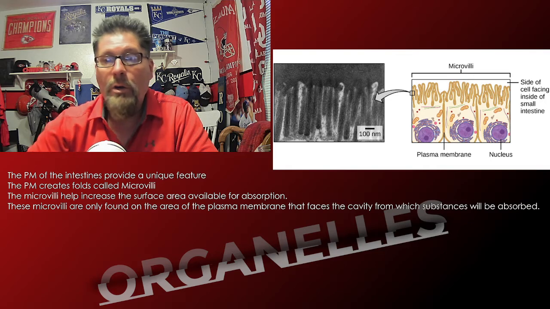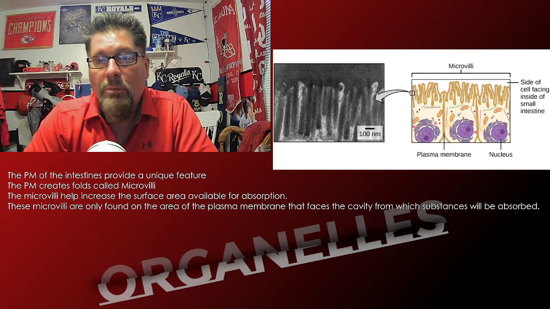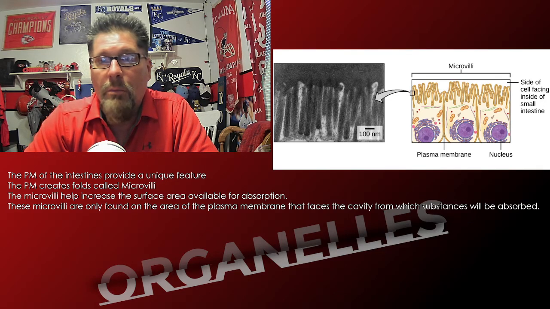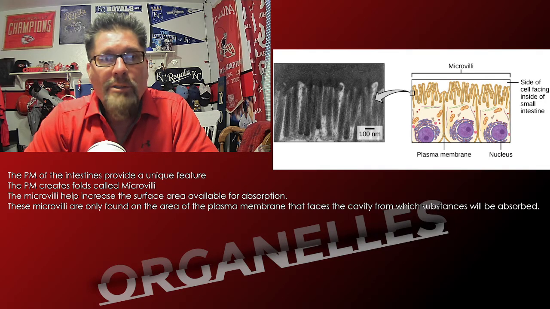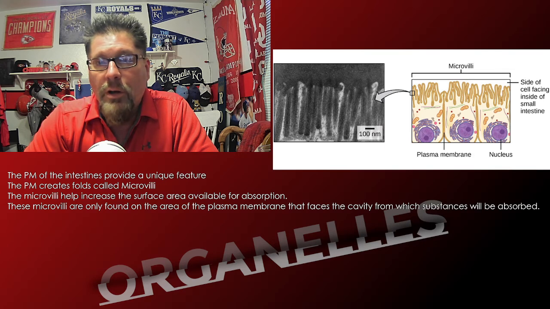Okay, continuing our look at, boy, those are pretty small, but hopefully you can zoom in and see those. One of the other things is a unique feature of the plasma membrane in areas where absorption needs to occur, like in the intestines. You've got the inner lining of the intestines.